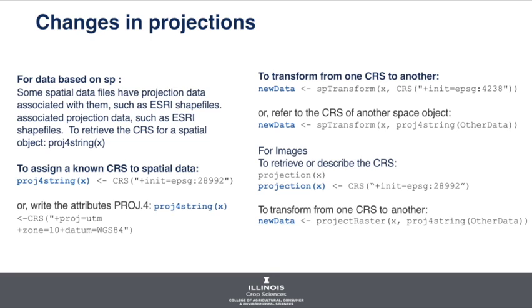This is called the coordinate reference system. And you can also specify it with a number. So there are some codes that, instead of saying WGS, you can use this code, which is 4238.